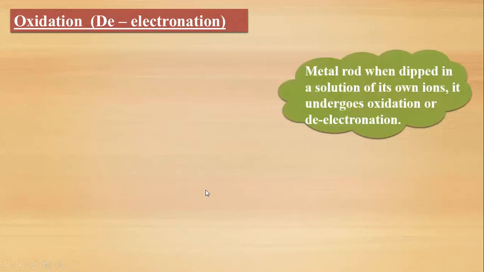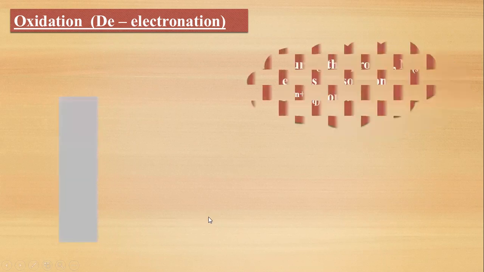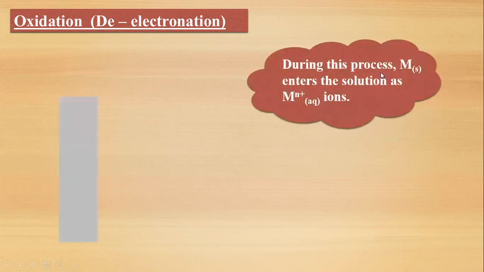De-electronation. See, when a metal rod is dipped in the solution of its own ion, it undergoes oxidation or de-electronation. क्या होता है ये de-electronation? Just pay attention to this. During this process, M metal, that can be any metal, enters the solution as M plus ions.